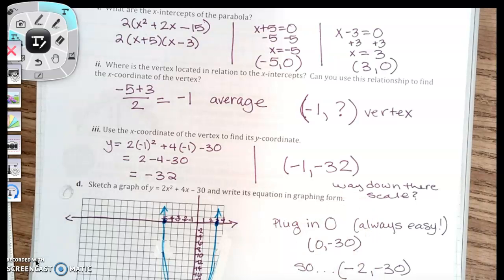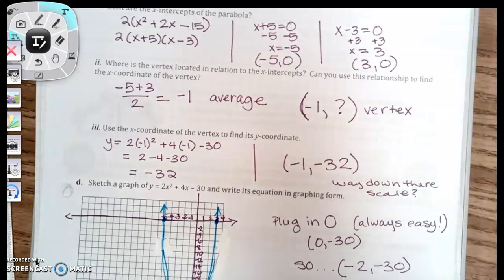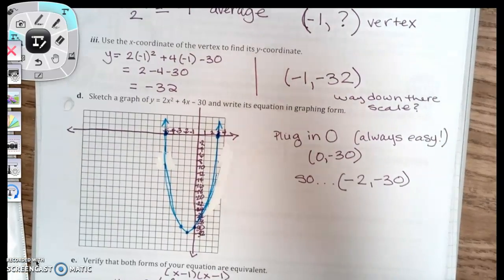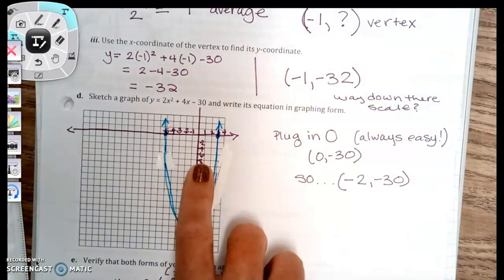That -32 makes it way down there, because you'll go 1 to the left, and then you'll go down 32. That's pretty far. That means you might possibly need to scale your y-axis, because 32 is a lot. So on your graph below, I scaled by 2s: -2, -4, -6.